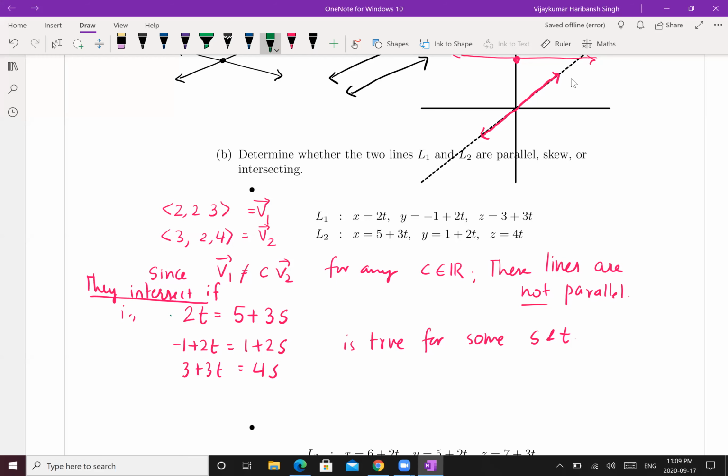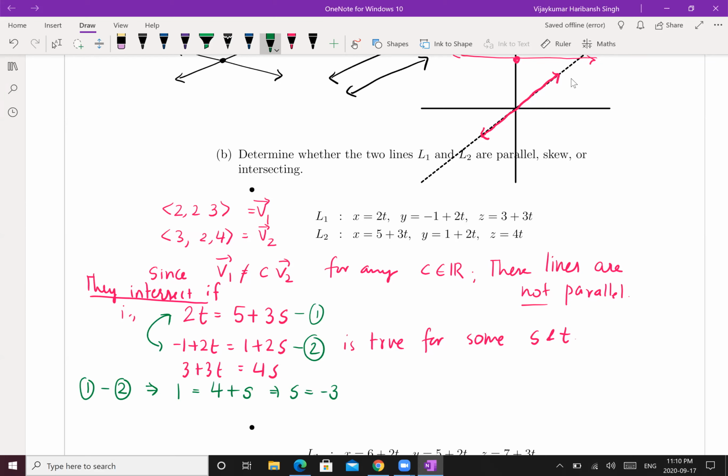We can play with the first two. If we do equation 1 minus equation 2, we get 1 equals 4 plus s. So this gives us s equals -3.